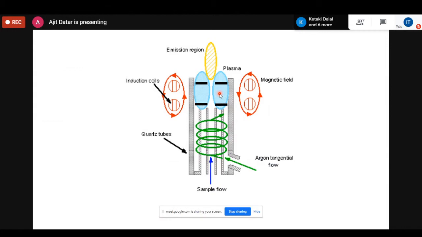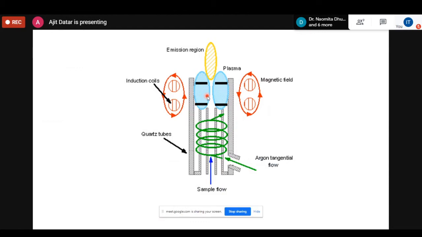So there is something called a Tesla coil, to which you apply a very high potential. It gives a spark, and because of that, the argon atoms in this area get ionized, and once they ionize, the RF field will work on them. When the coil becomes positive, the ions get repelled. When the coil becomes negative, they get attracted towards it.